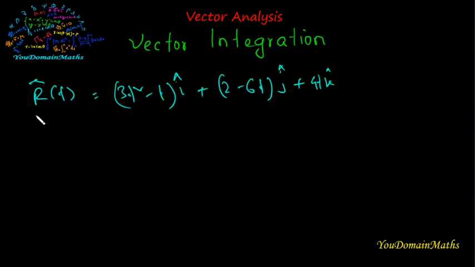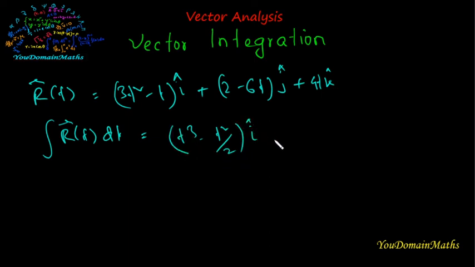If we find the integration, that means the integral of r of t dt, then the result is very simple. The coefficient of i is integrated, giving (t cube minus t square by 2) i, and (2t minus 3t square) j plus 4t k.